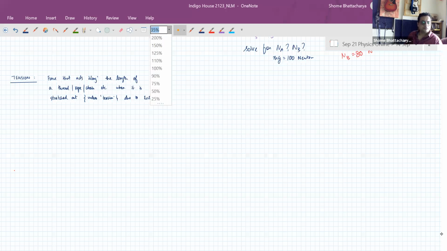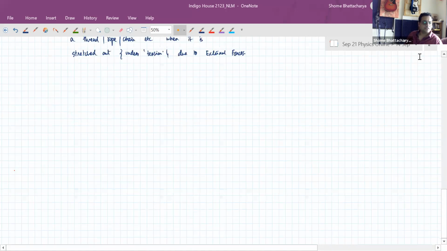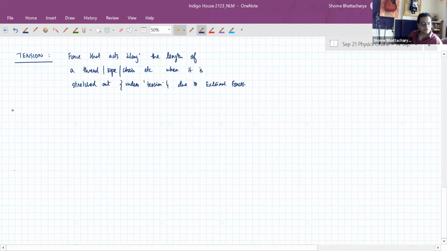Right. Now, one important aspect of tension that we have to understand is that for a light thread, that means the mass of the thread is negligible. It's so small compared to the other things in the system, like the blocks, etc., that it can be neglected.